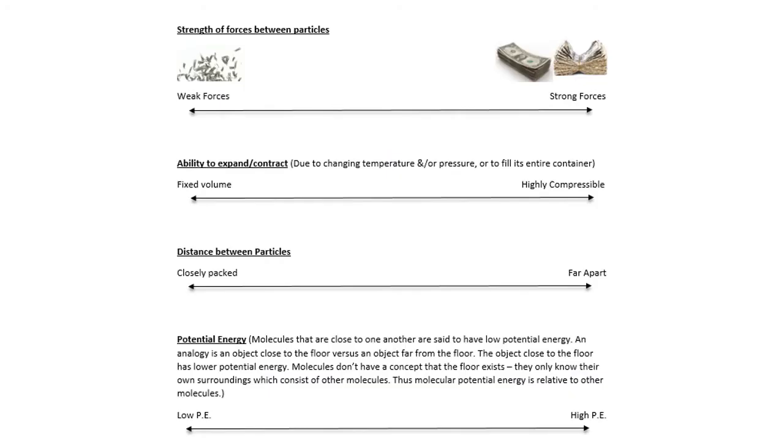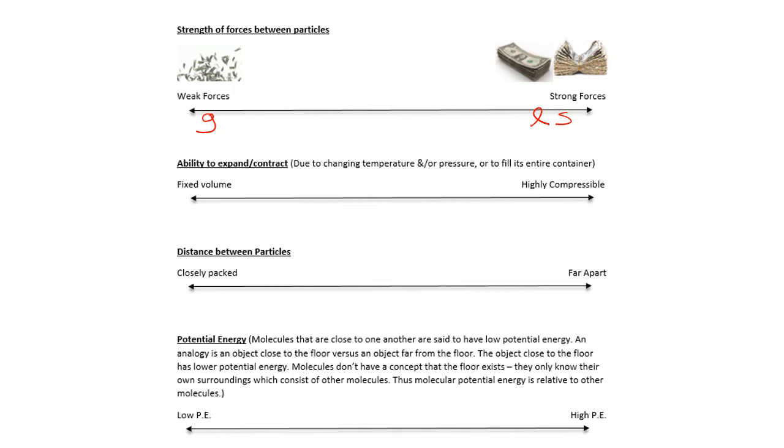Right, these are some of those continuums you saw back from page 3. If we look here, we've got strong forces we said would be holding together your solids, weak forces for your gases. We said if they're strongly held together, they should be tightly packed. And we've also seen that liquids are more similar to solids with respect to most of these things.